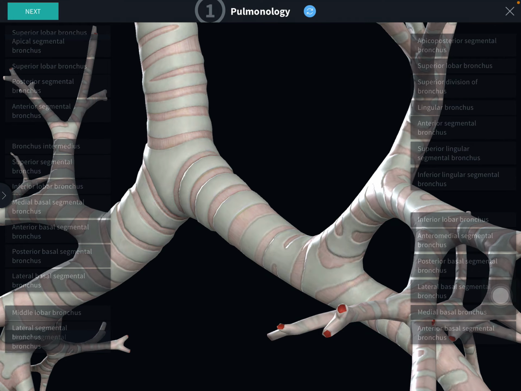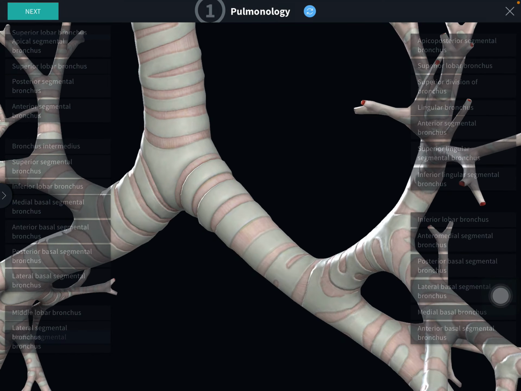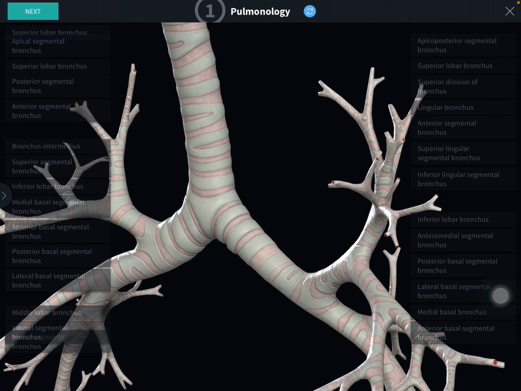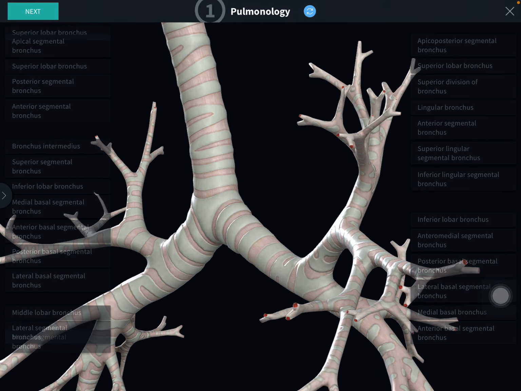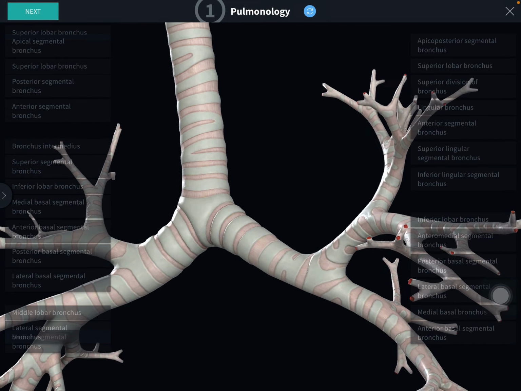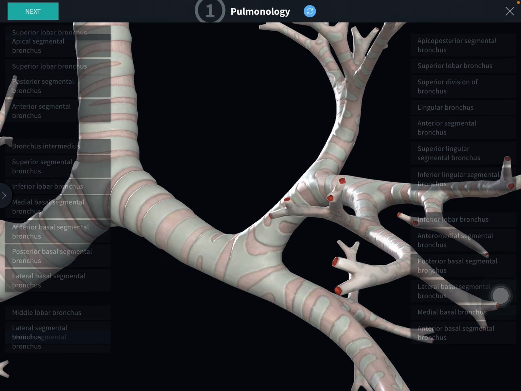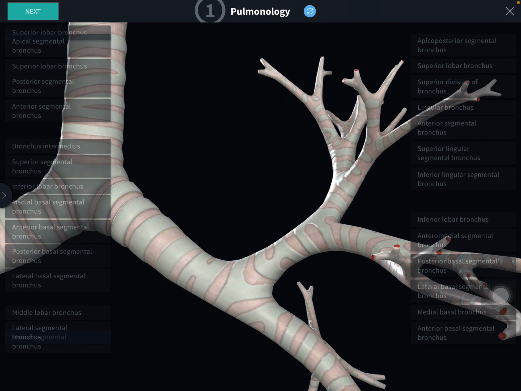The whole bronchus passes below the pulmonary artery. So the whole bronchus is hypoarterial in course. Now the intrapulmonary part of the left principal bronchus. You can see it is dividing into upper and lower lobar bronchi to supply the respective lobes of the left lung.